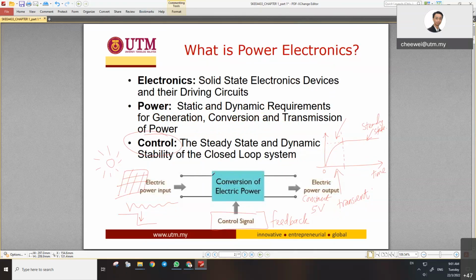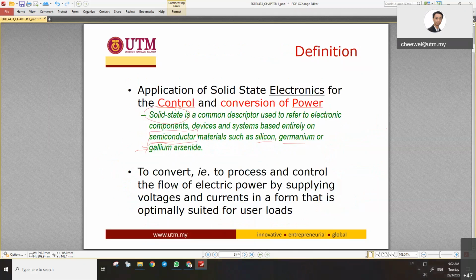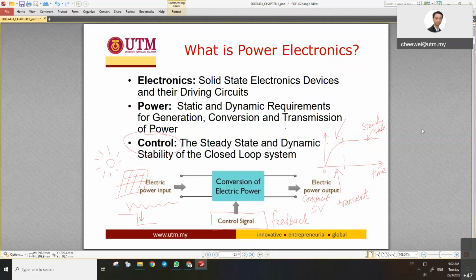This diagram at the bottom will give you a brief idea of what power electronics is. It will do the work of control plus conversion of power. What do you mean by conversion of power? You can do the conversion of power, and sometimes we call it energy conversion.